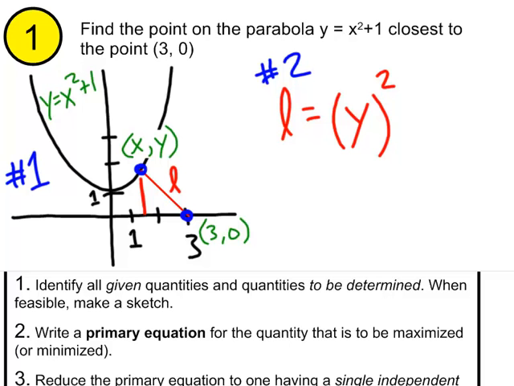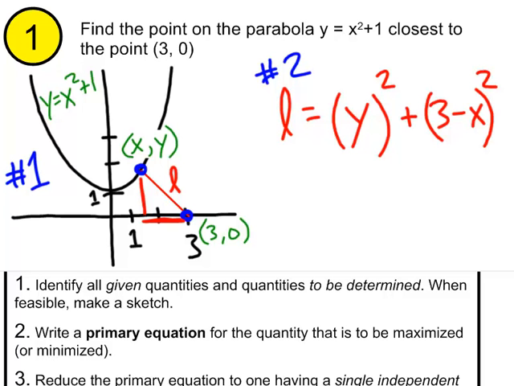Now as far as the other leg of the triangle, the run, which we might call it, our sketch allows us to visualize and see that this x value is probably less than 3, almost certainly less than 3. So this length here is going to be 3 minus x. So 3 minus x, we'll square that. We're doing our a squared plus b squared equals c squared theorem.